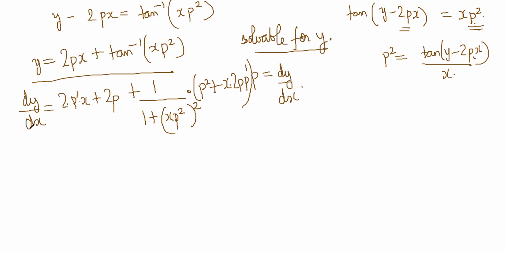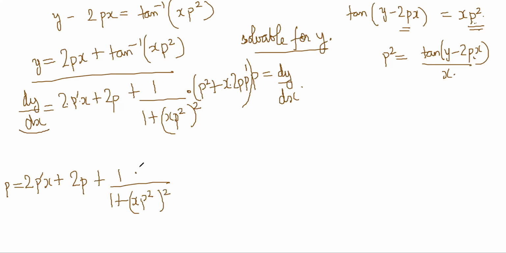So now we are getting p is equal to 2p dash x plus 2p plus 1 by 1 plus xp square whole square into p square plus 2px into p dash, right?